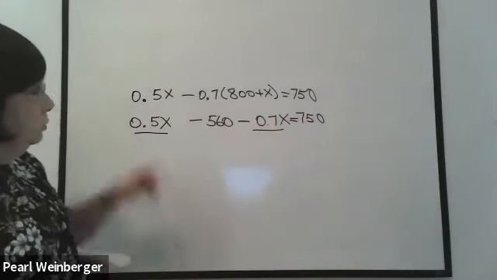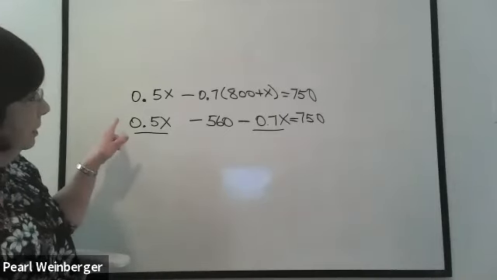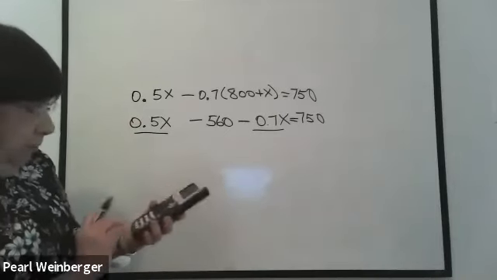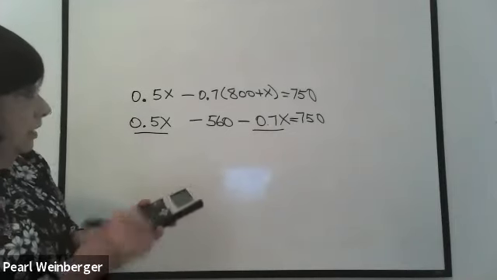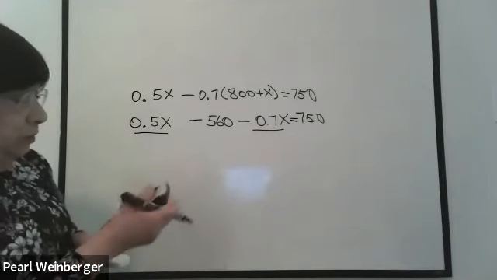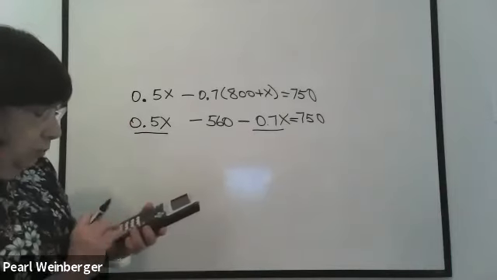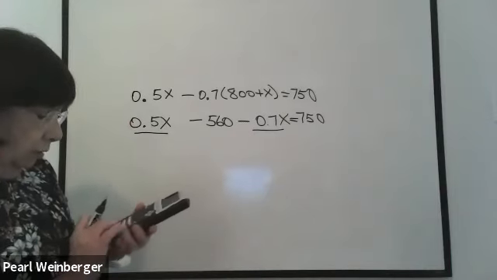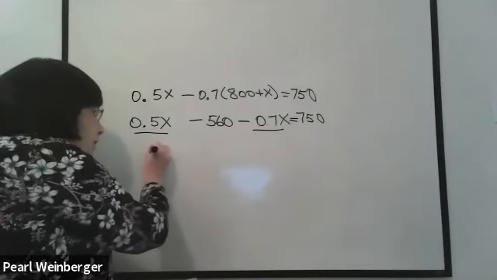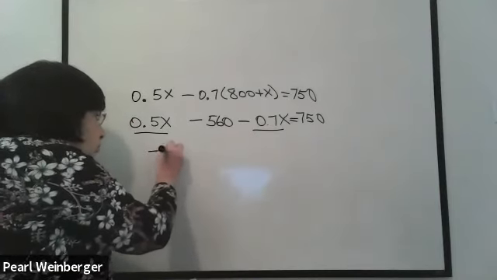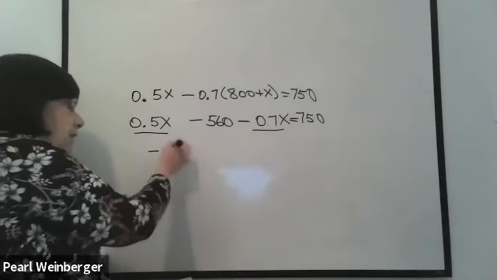Those are like terms, which means I have to combine 0.5, and I'm going to do this on my calculator. 0.5 minus, I'm going to subtract the 0.7. And that's coming out to be negative 0.2. And don't forget the x.